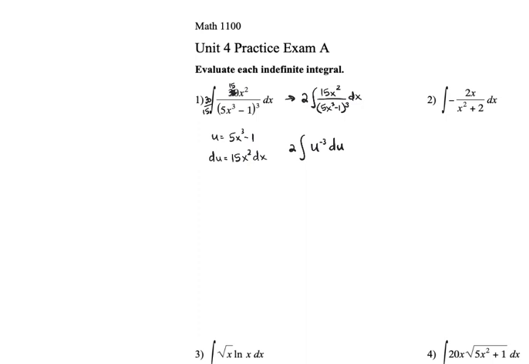So now if we apply the general power rule for integration, we're going to add 1 to the exponent, remember, and then divide by that value. So this becomes 2 times u. If we add 1 to negative 3, that gives us negative 2. Then we're going to divide by negative 2. This 2 and the negative 2 we're going to simplify to negative 1.